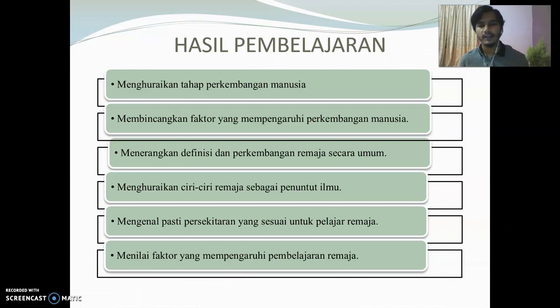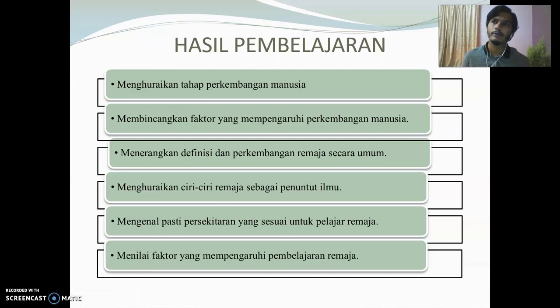Okay, so we will be covering how these human developmental levels work, what are the factors that make this development, and also what are the definitions, and at the same time what are the characteristics of a student who is defined as a teenager. Alright, and also untuk mengenal pasti persekitaran yang sesuai untuk pelajar remaja, and at the same time also menilai faktor yang mempengaruhi pembelajaran remaja.